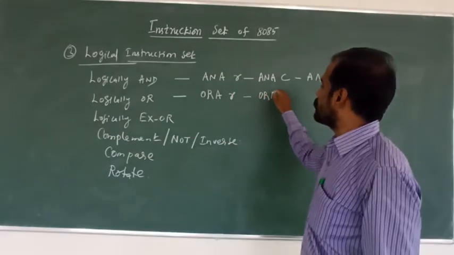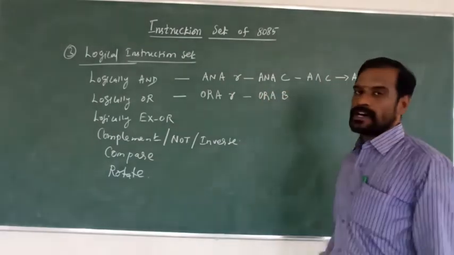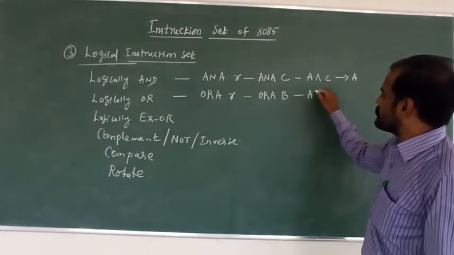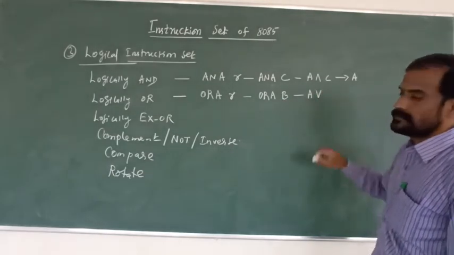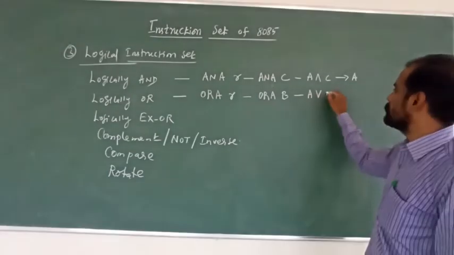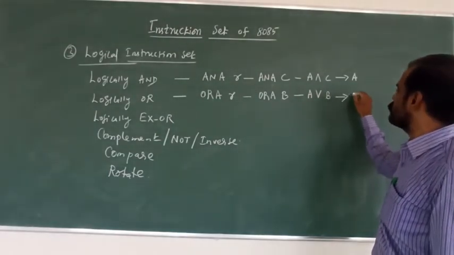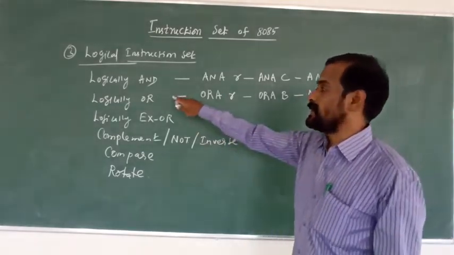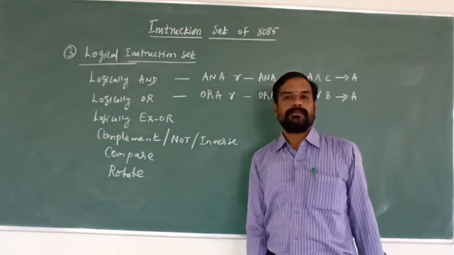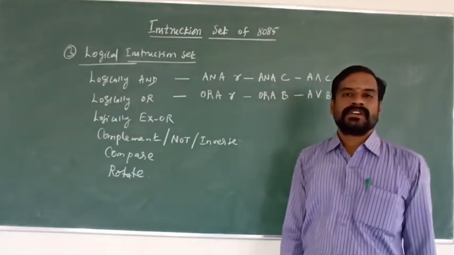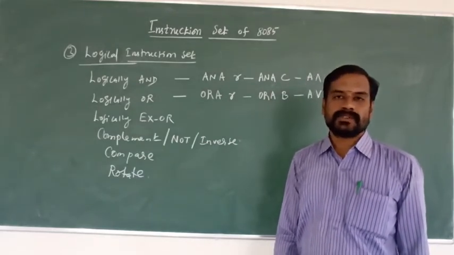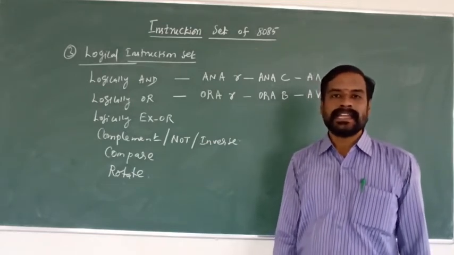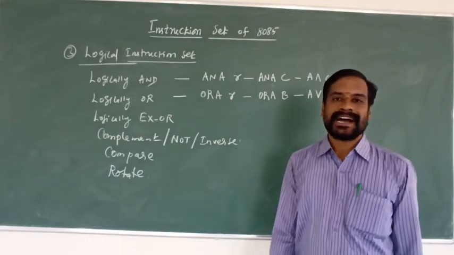Example: ORA B means logically OR the accumulator, and the symbol of OR, with the B register, and the result is always moved to the A register itself. The operation of OR: when both inputs are low, the output is low. If any one of the inputs is high, now the output will be high state.